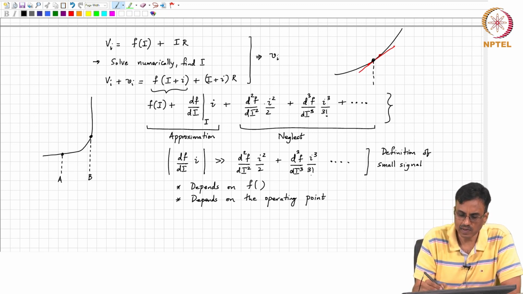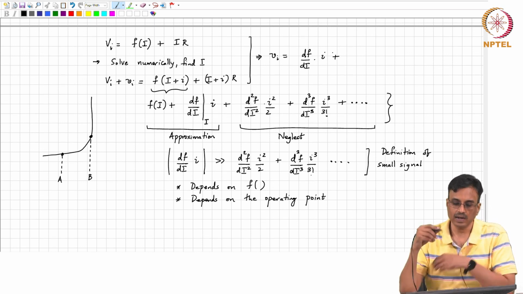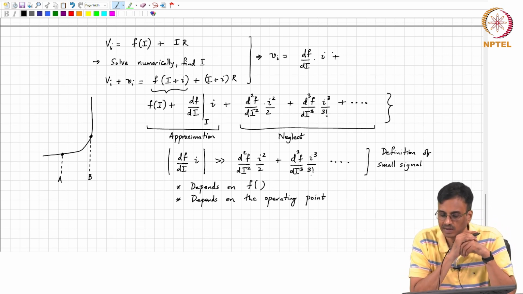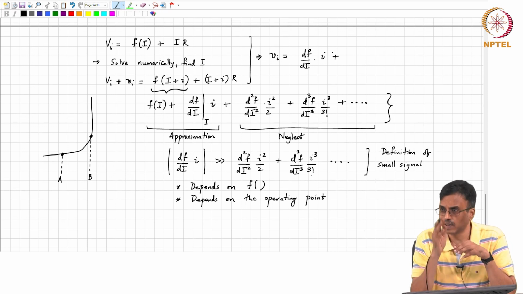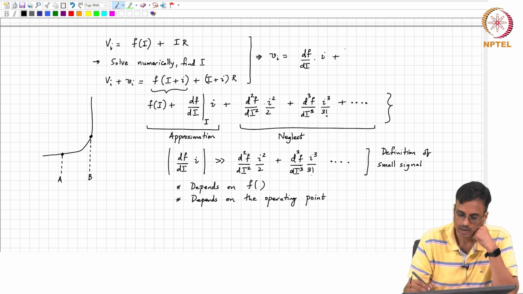Small vi equals df by di times small i. It is understood that it is an abuse of notation, but it is the derivative evaluated at capital I, plus R times small i.